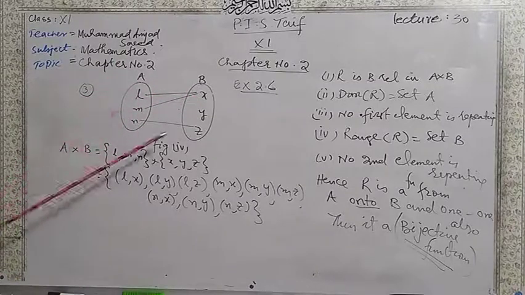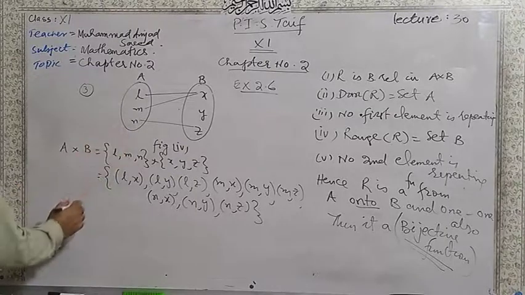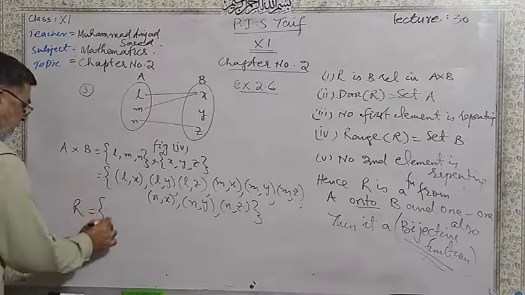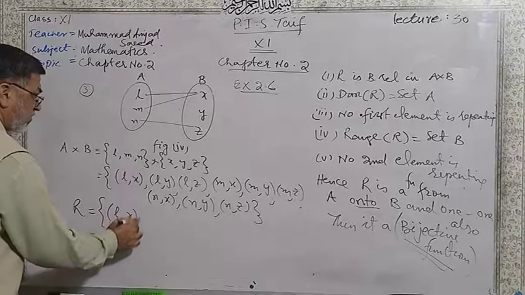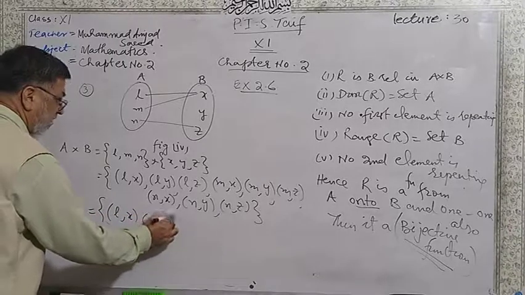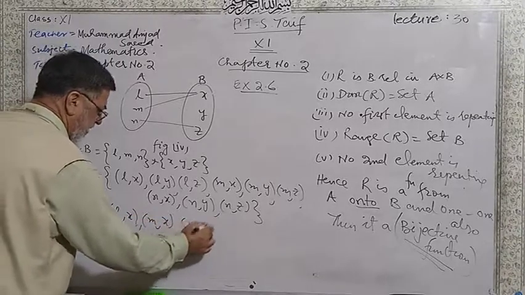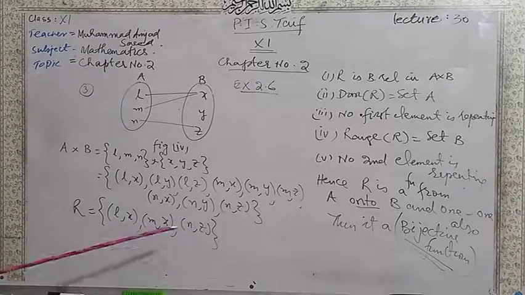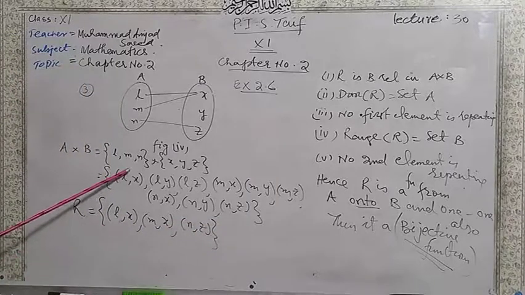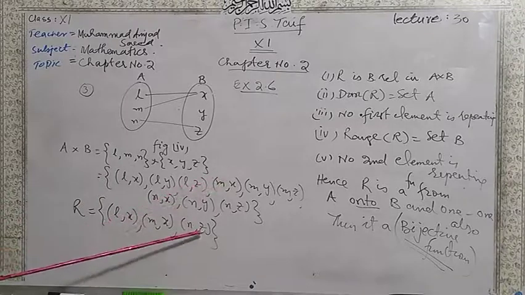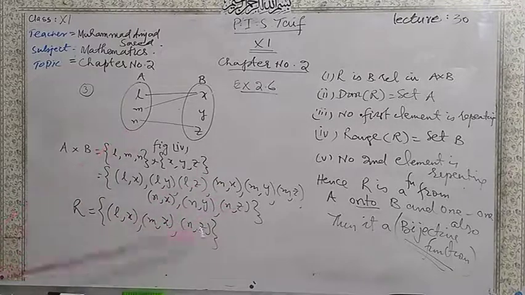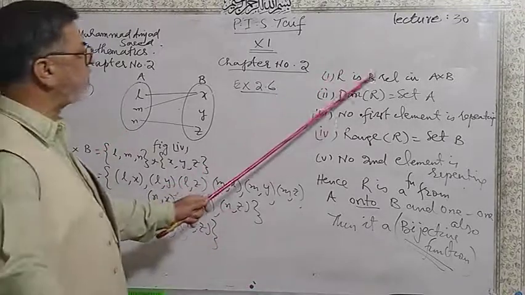We have found the Cartesian product, and what is the relation given to you? This is R equal to LX, MX and NZ. You can check LX is present here, MX is present here, and NZ is here in A cross B. So the first condition is satisfied.